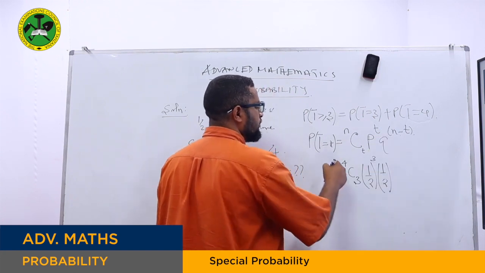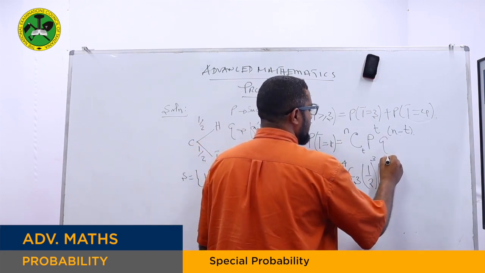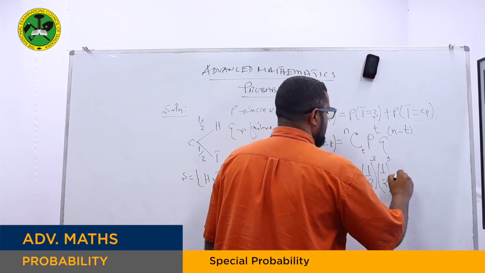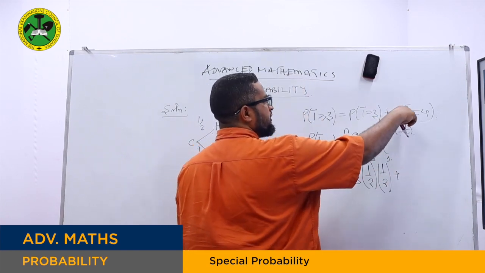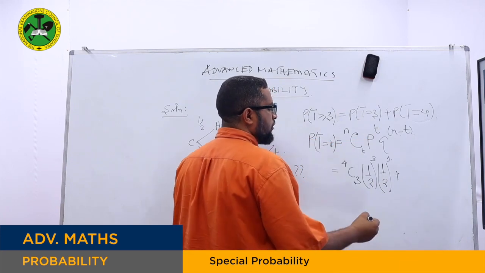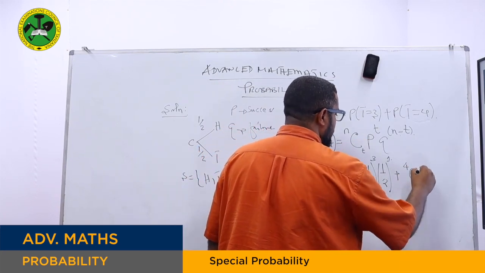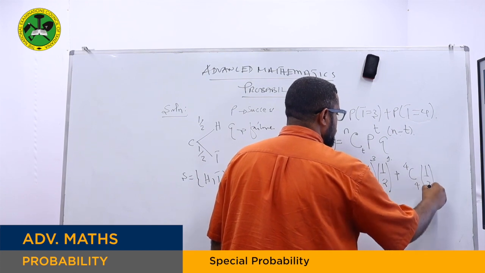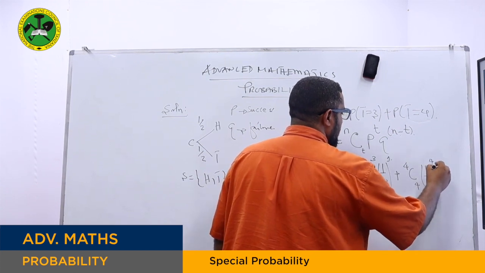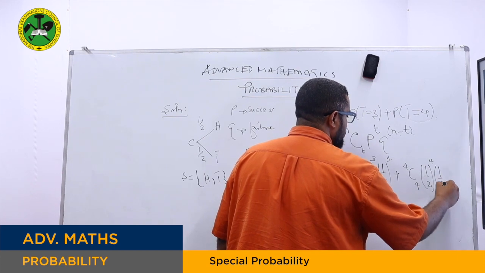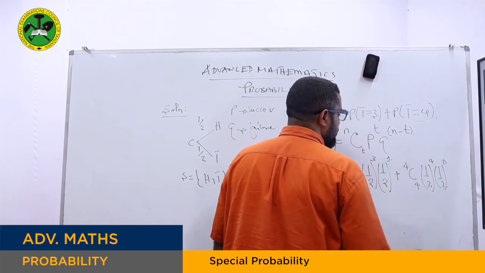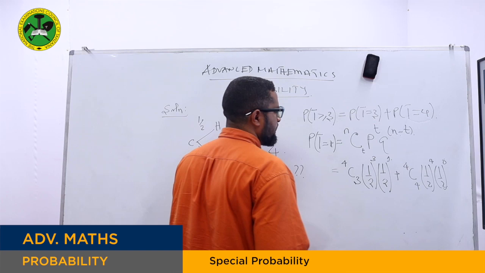Our n minus t is 4 minus 3, which gives us 1. Then we add the probability when tail equals 4. So it is 4 combination 4, 1 over 2 to the power of 4, and 1 over 2 to the power of 0, which is normally equal to 1.